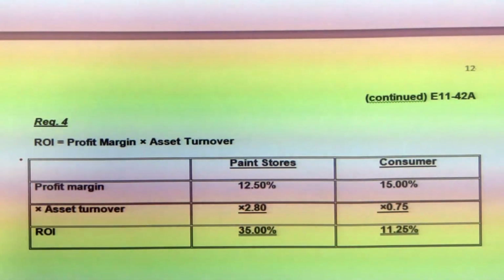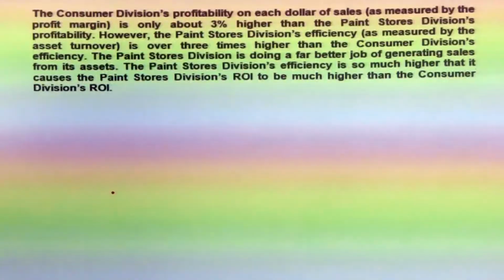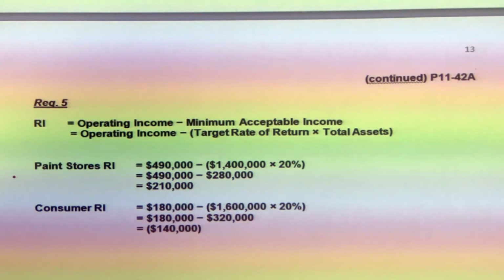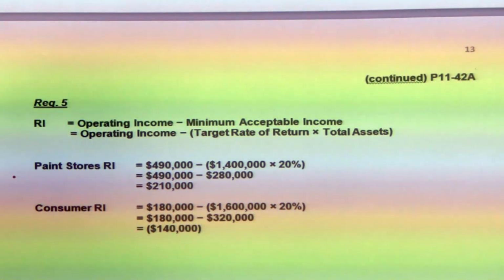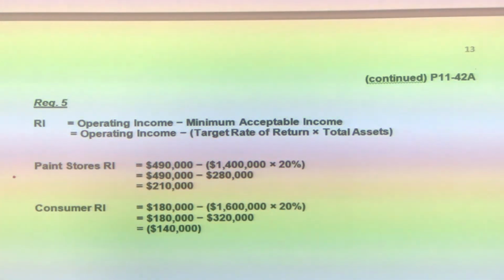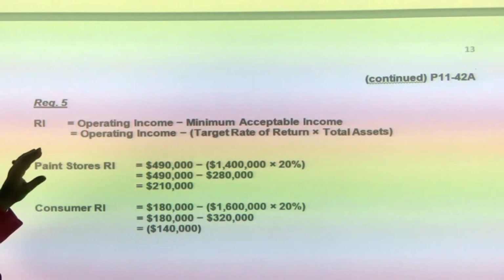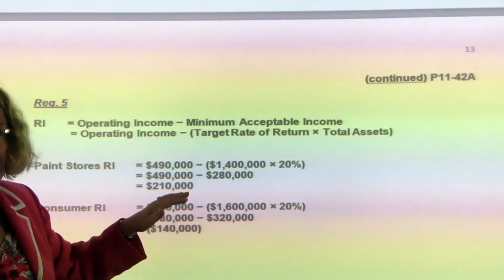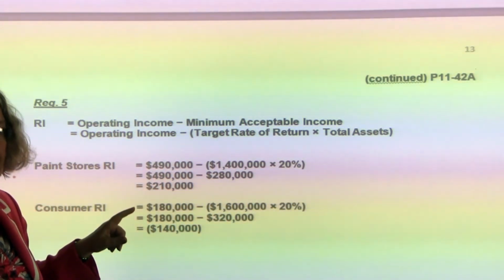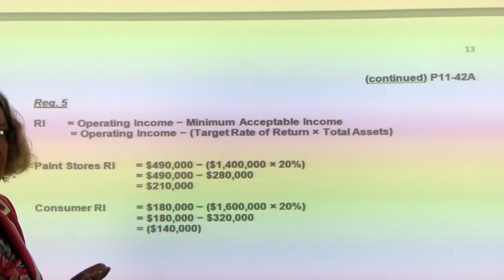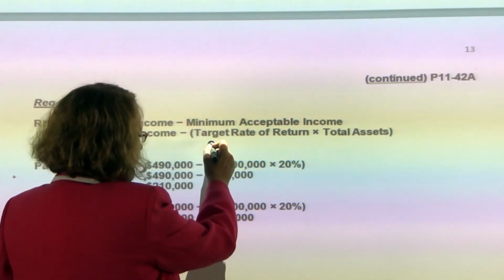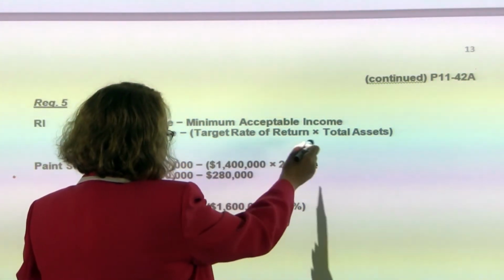Requirement 5. So requirement 5 is asking us to calculate the residual income. So the residual income is again a formula that you're going to have to memorize, and it's the operating income minus the minimum acceptable income. So the minimum acceptable income is whatever the company defines it to be. So in this particular example, it's the target rate of return on your total assets.